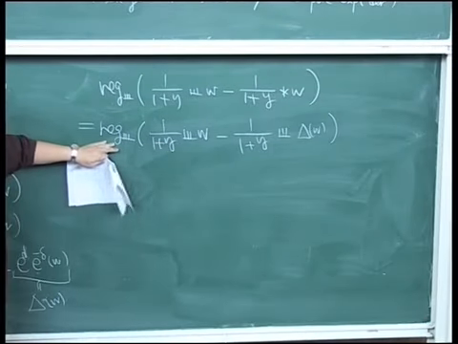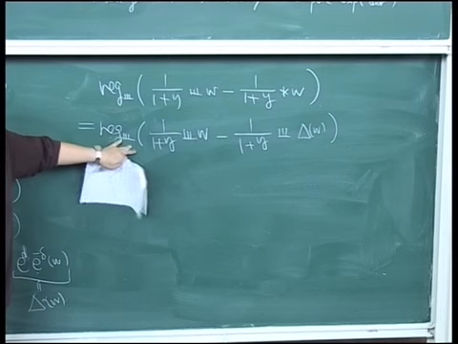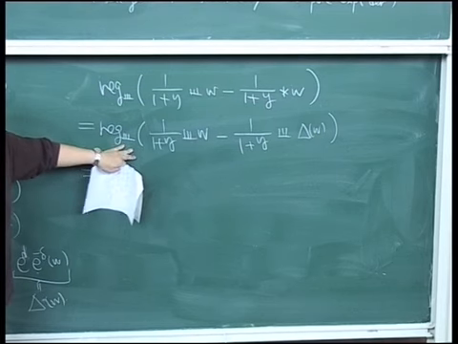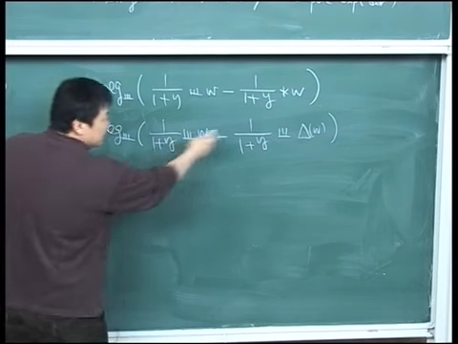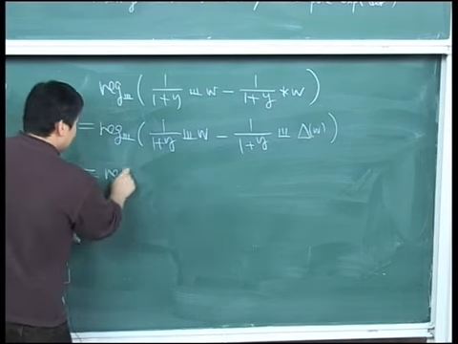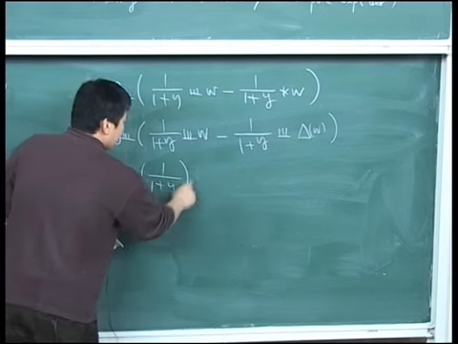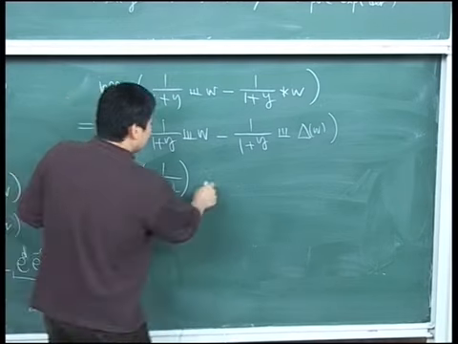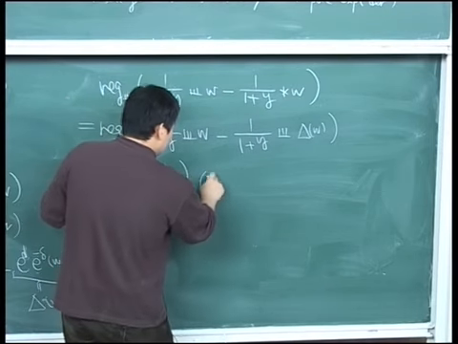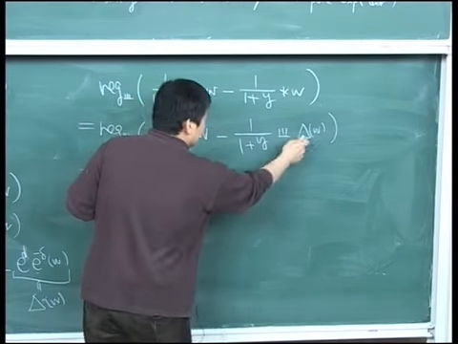And I didn't mention, but from the definition of regularization, it's obvious that it is a homomorphism for the shuffle product. So we can simplify this expression, and here is the identity, and here is delta.